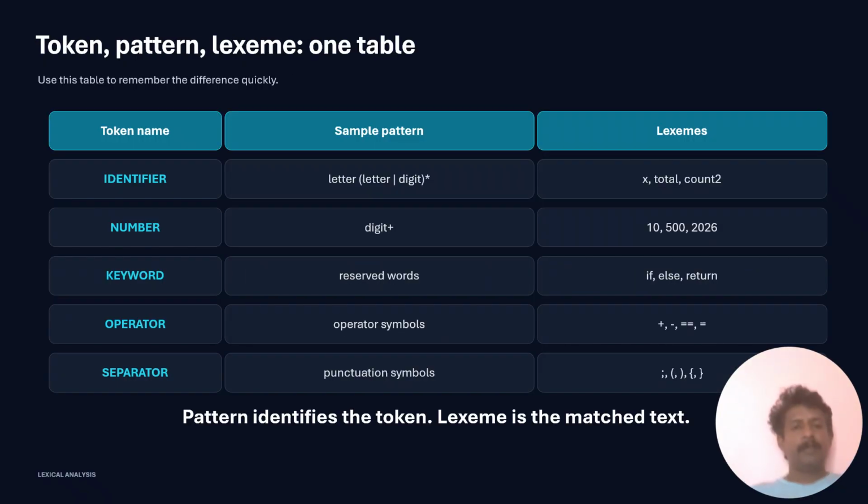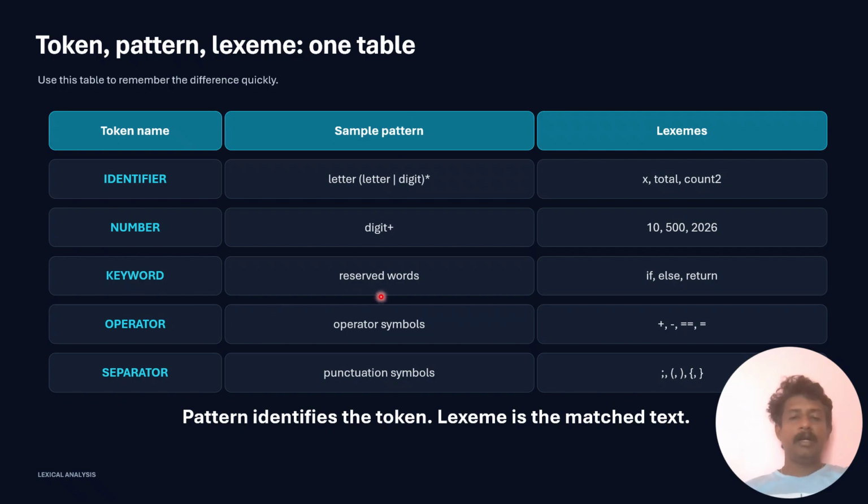This table gives us a quick comparison. For identifiers, the pattern is a letter followed by letters or digits, for example x, total, and counter. For a number, the pattern is one or more digits, for example 10, 500, 2026.